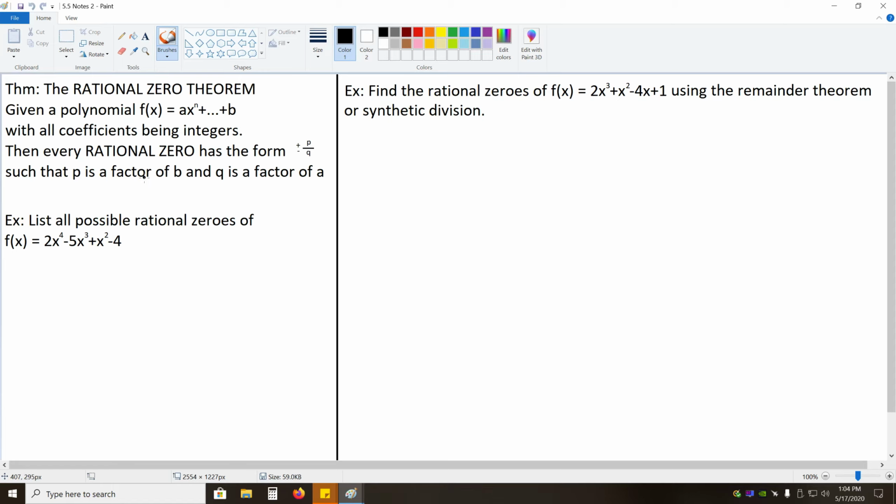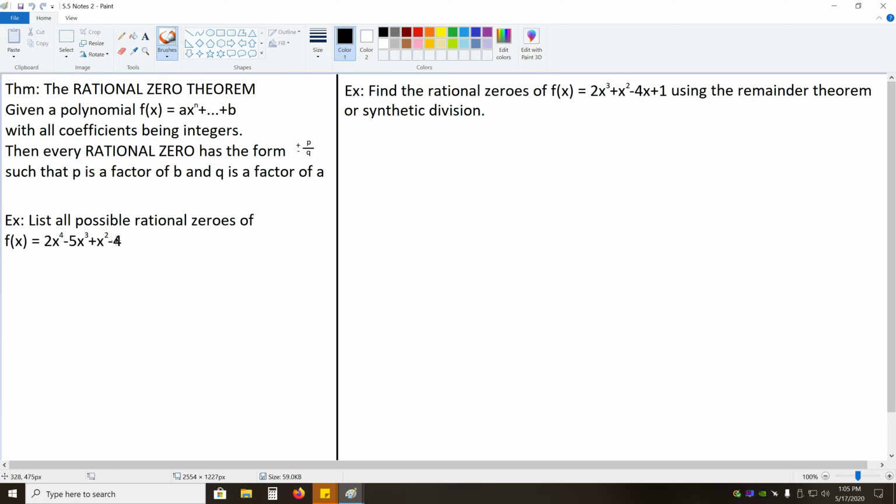Those are the only possible choices for the rational zeros, the fraction or whole number answers that could be zeros to that original problem. It doesn't account for answers like x equals the square root of 2. Only the fraction and whole values.